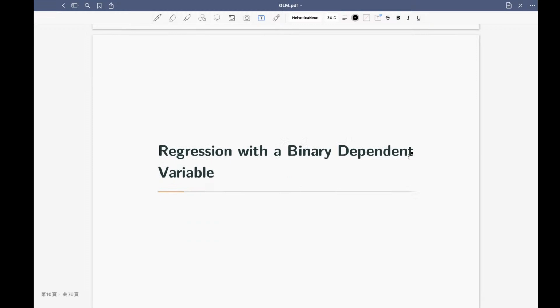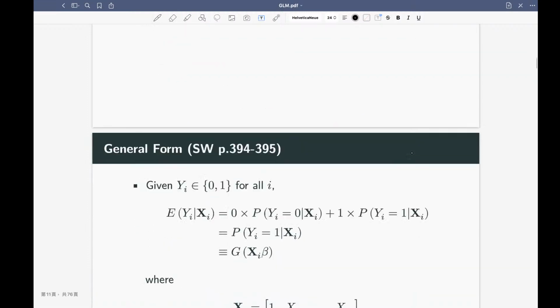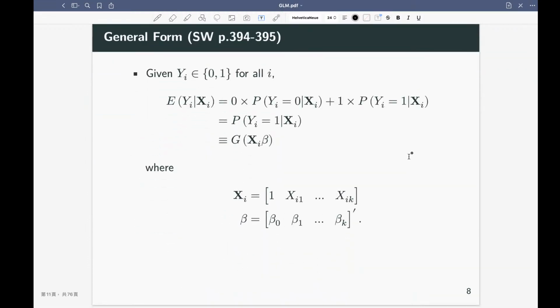Okay, so now we focus on the regression with the binary dependent variable. In a binary dependent variable, y is equal to 0 or 1. So at first, we should calculate the expected value of y.